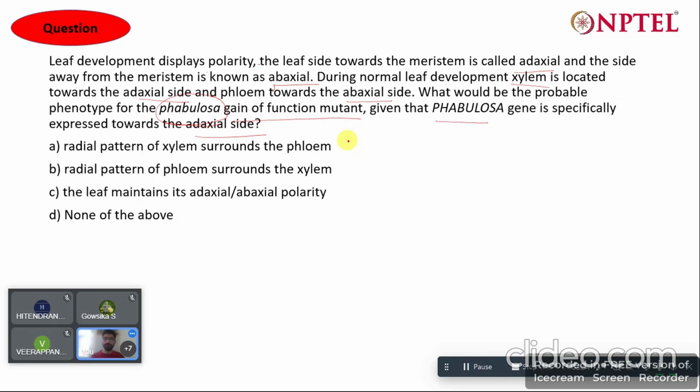So you are saying A. Okay, any more guesses? No, sir. If it's a mutant, then a radial pattern of phloem surrounds xylem. Okay, any more guesses?